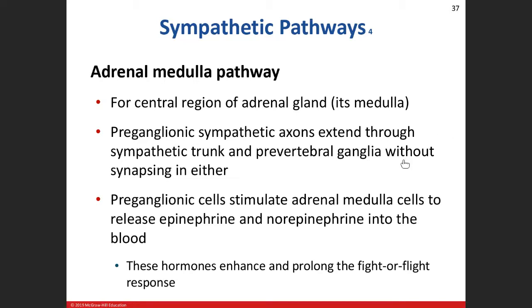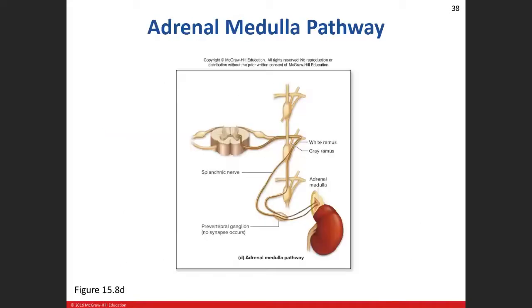That's the easiest one. It just travels through everything. Goes through the sympathetic chain, nothing. Goes through the prevertebral ganglion, nothing. Goes right there to the adrenal medulla to stimulate the release of epinephrine and norepinephrine.